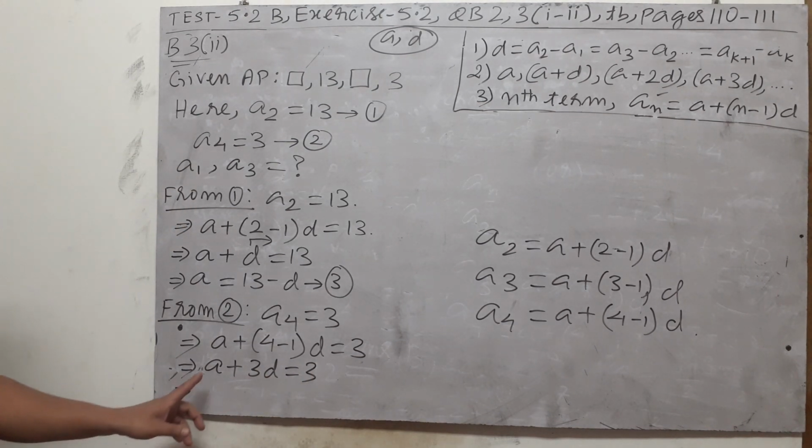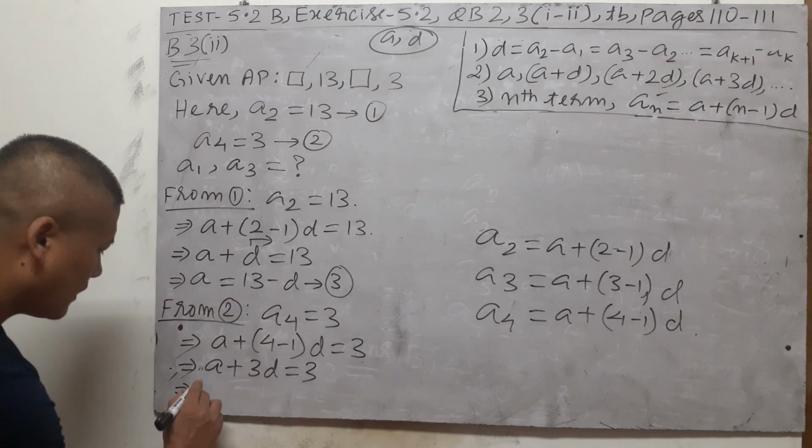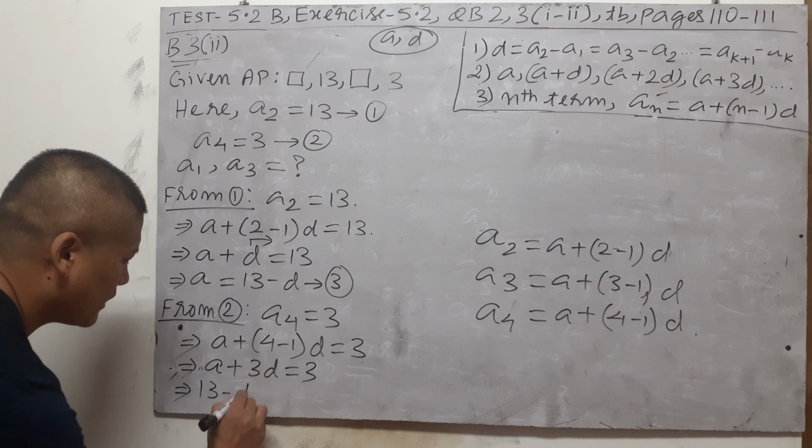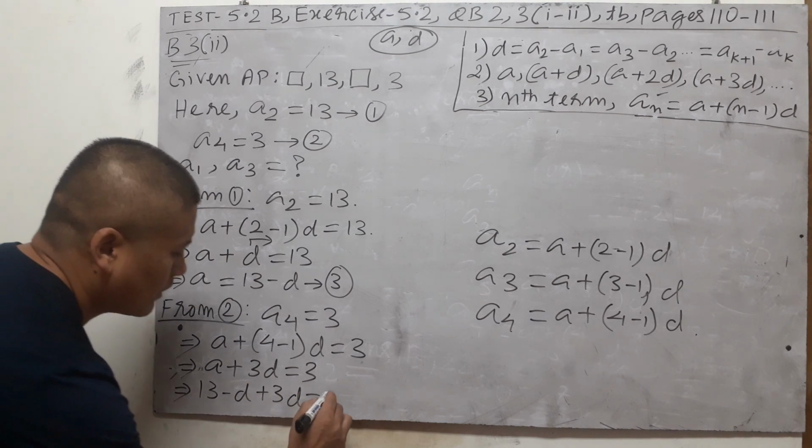So that implies here now that A can be replaced by this. A is replaced by 13 minus D, plus this 3D, is equal to 3.